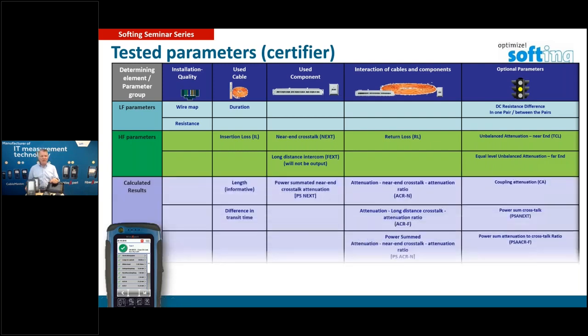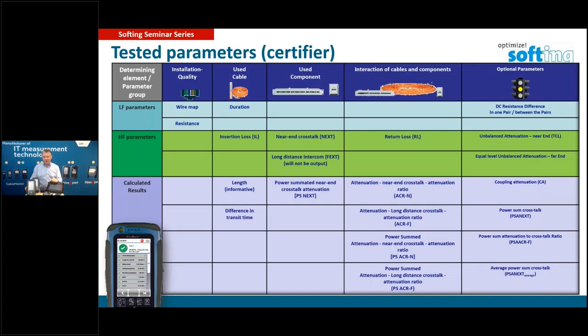And then we have some calculated results, because ACR, attenuation to crosstalk ratio, is a calculation between the near-end crosstalk and the insertion loss. So it's not measured, it's defined by a measurement before. That should only give you an overview of which parameters are tested by a certifier or must be tested because it's written in the standard.